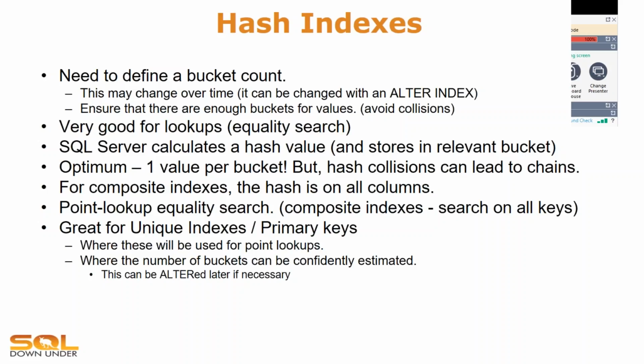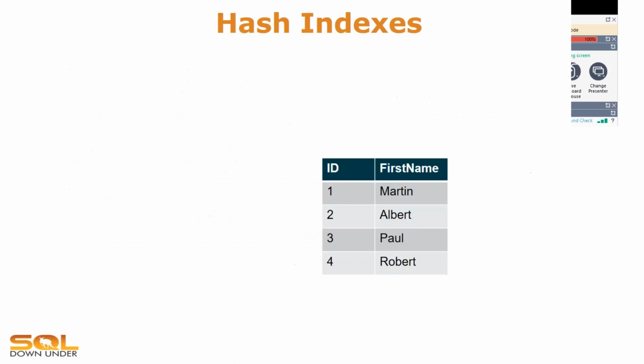So we have to look up based on the columns. Like I say, these are great for point lookups, equality searches. And I think they're probably a pretty good candidate for using with unique indexes and primary keys, although you can obviously have non-unique indexes, just traditional indexes, with these types.